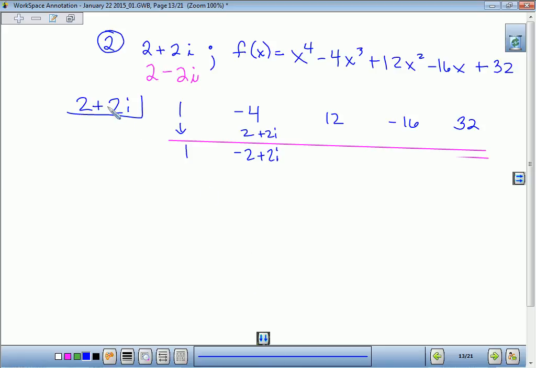So now when we multiply, we are multiplying 2 plus 2i times negative 2 plus 2i, which gives me negative 4 plus 4i minus 4i minus 4i squared. No, that's plus 4i squared. Plus 4i squared.